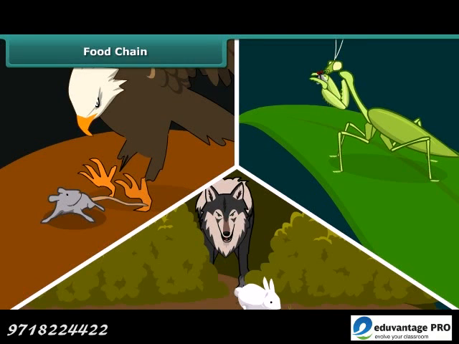Thus, the food chain comes one full cycle. Forests support many such food chains, which are interlinked to one another to form a food web.